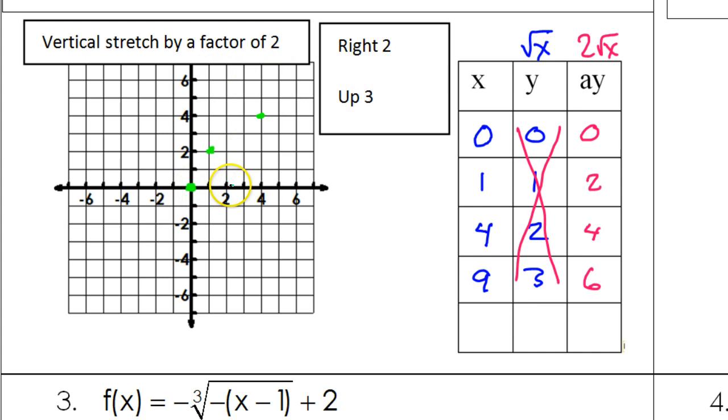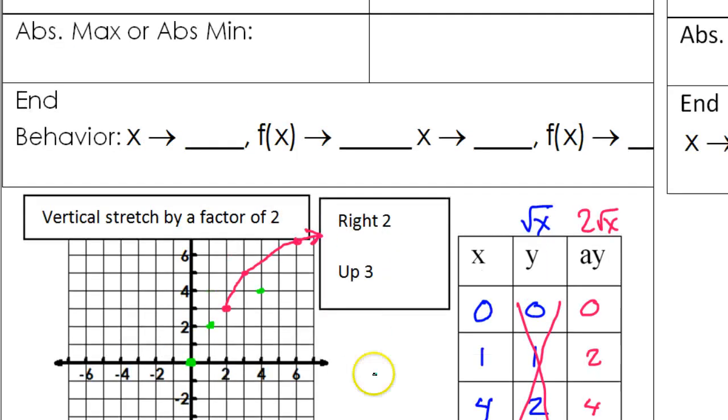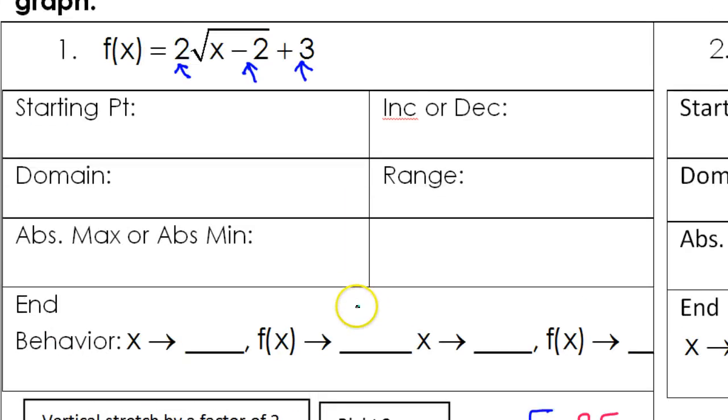So if I do that, this will go right 2 and up 3 will be here, and another right 2 up 3, and another right 2 up 3. So this will be my final answer. That's the graph for problem number 1.